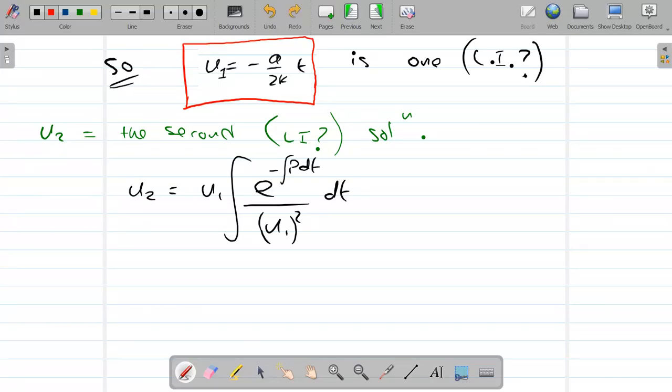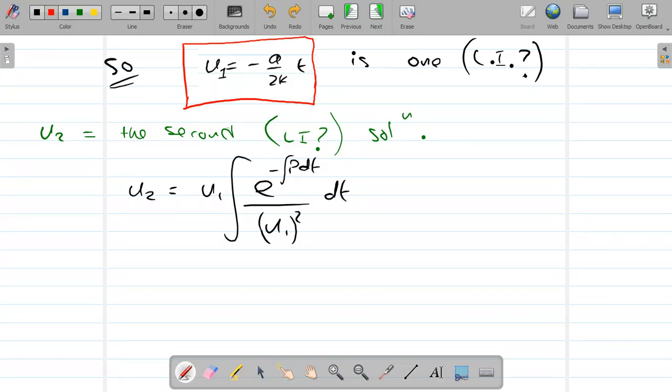Right, but we know what U1 is, because we've got it here. We just substitute that minus at over 2k in for U1 here and U1 squared there. I'll just clear all those red lines off, it makes it a bit confusing.